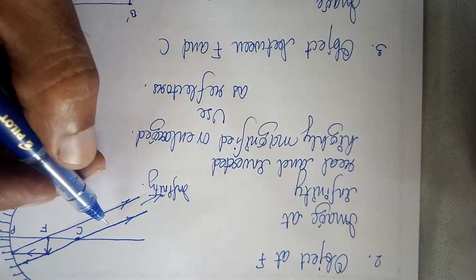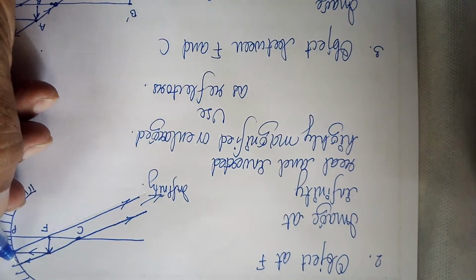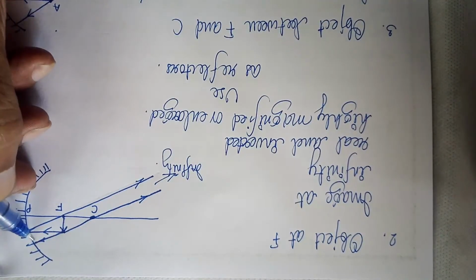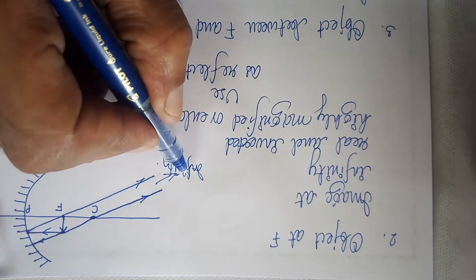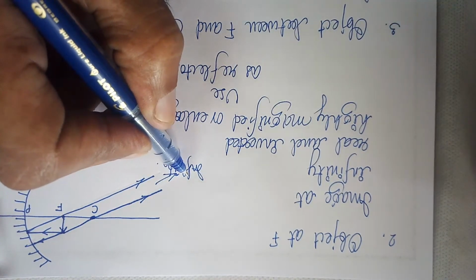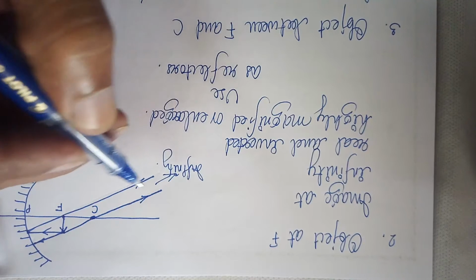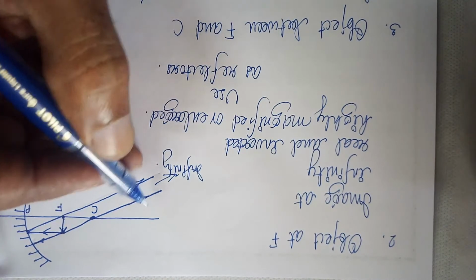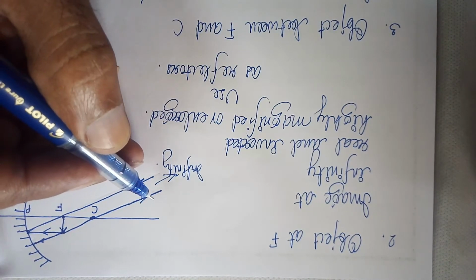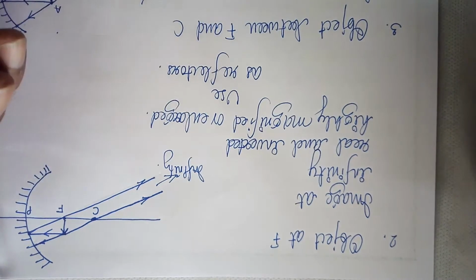The second ray of light, this one, hits the concave mirror and passes through the center of curvature. It is reflected back along the same path, giving another reflected ray.